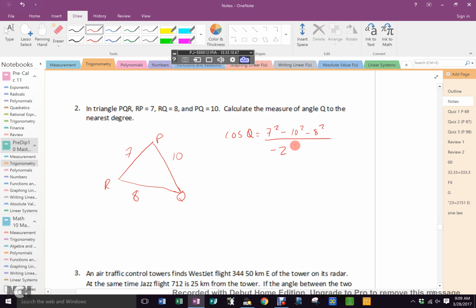Negative 2 times 10 times what? 10 and 8. So you're going to do all that math, and what are you going to find?